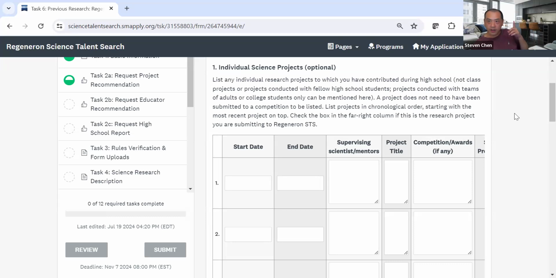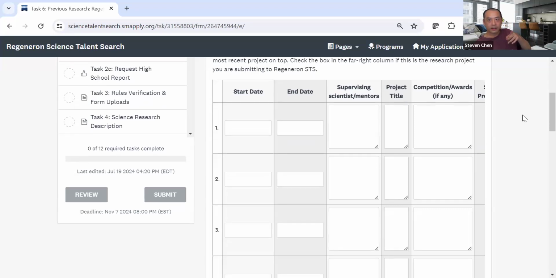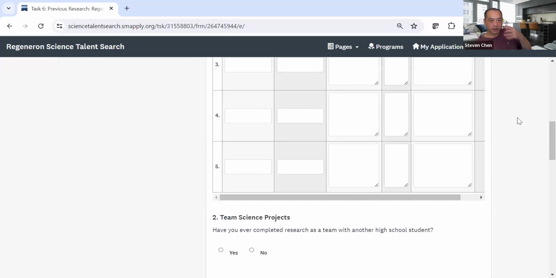Is that clear? But let's look at the second scenario, where I still did a project with 3 people. But these 3 people include 1 professor, 1 high school student, and me. So this is called a team project, because there are other high school students who work together with me. Sounds good? So these things are different.